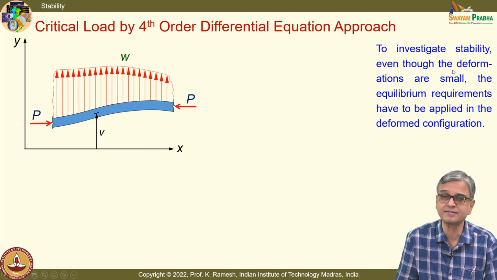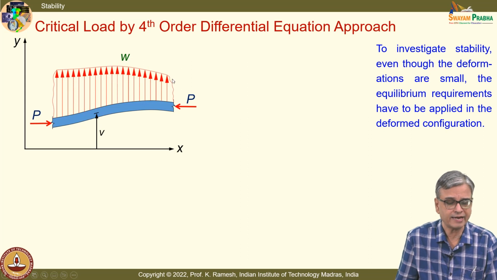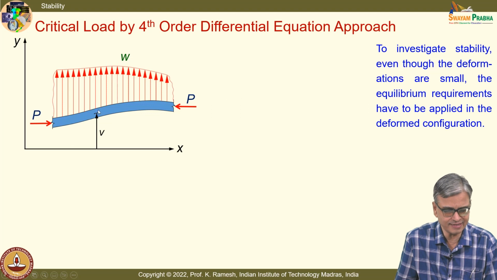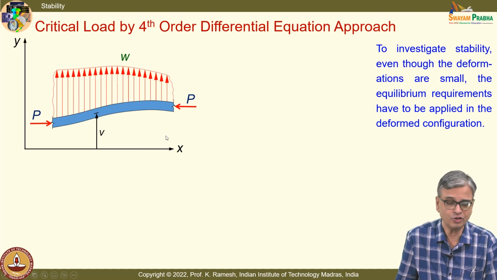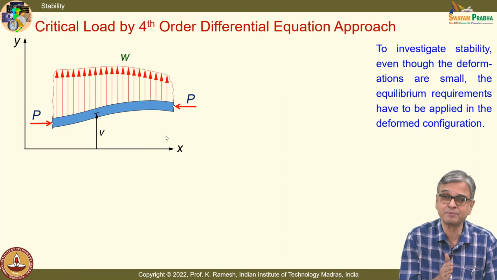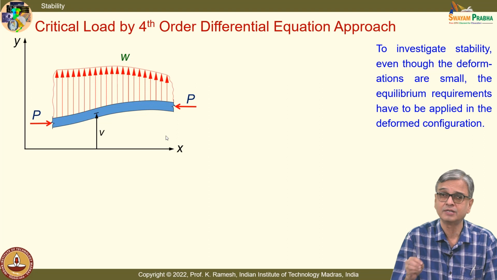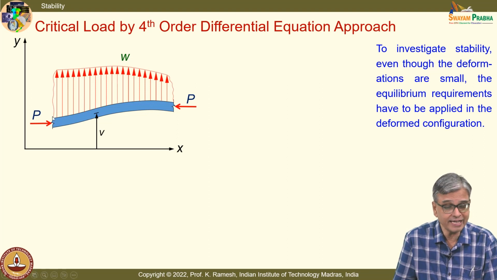We make a departure when we want to investigate stability. So, I have shown the beam which is subjected to a transverse load W, and I have this compressive load applied. I have shown this as deflected. We have also analyzed the interrelationship between shear and bending moment, where we have taken a load W. There we would have taken this as straight.